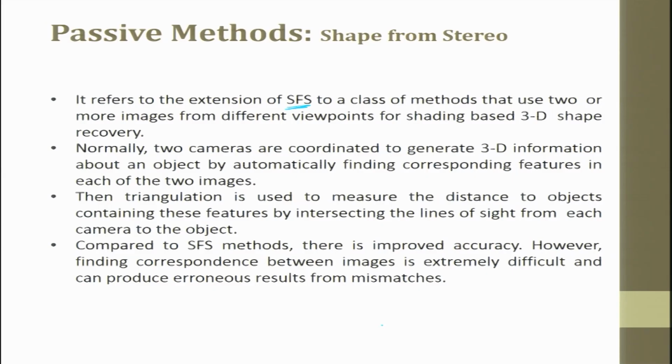Then, triangulation is used to measure the distance to objects containing these features by intersecting the line of sight from each camera to the object. Compared to SFS methods, there is improved accuracy. However, finding correspondence between images is extremely difficult and can produce erroneous results from mismatches.